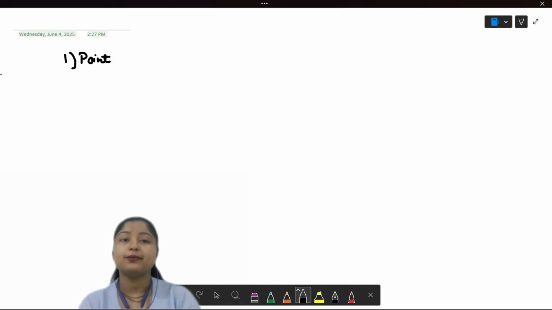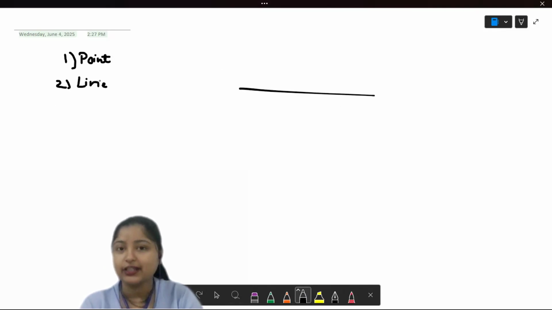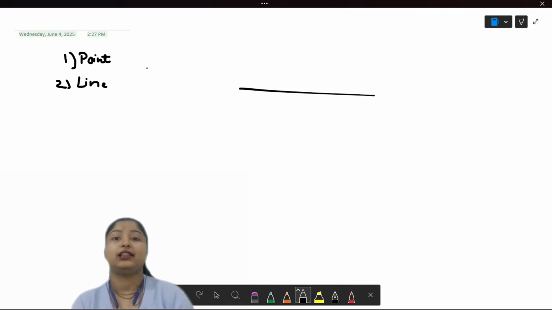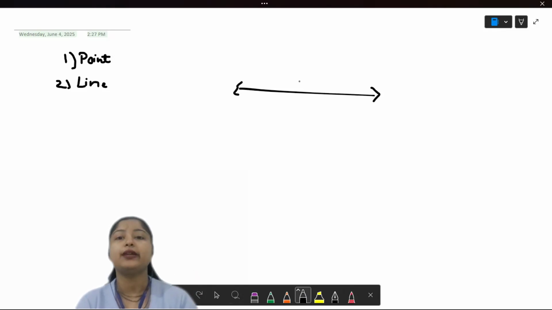Now, the next important thing after this is a line. What is a line? Many of us just know that this is a line. But a line can be extended infinitely in both directions. You can see these are the directions in which it can be extended.